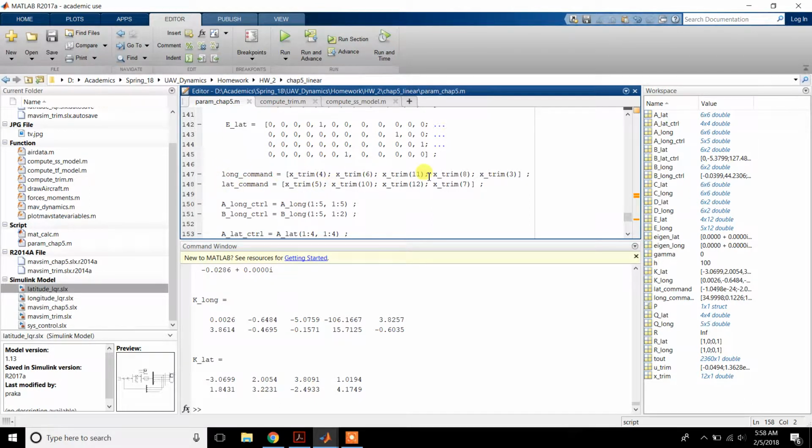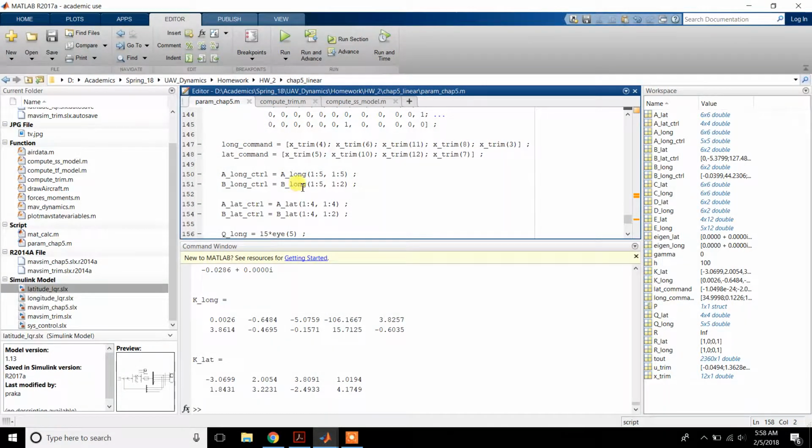So just basically this. If you notice, for the first two trim conditions, we'll control 5 states in the longitude, including the altitude. But in the last trim condition, you would neglect this. We'll talk about that later.